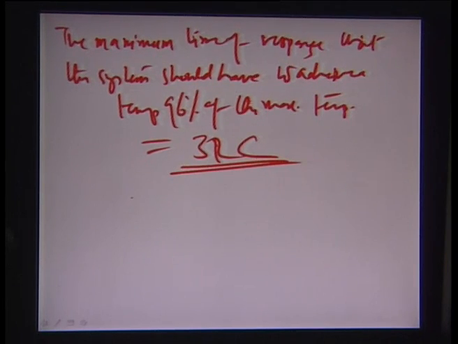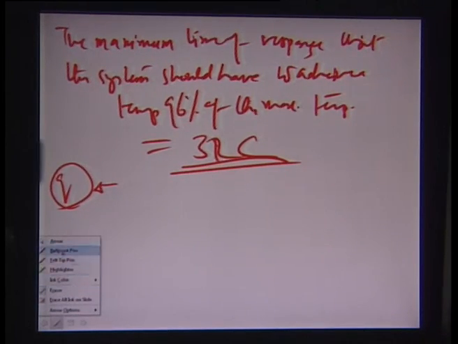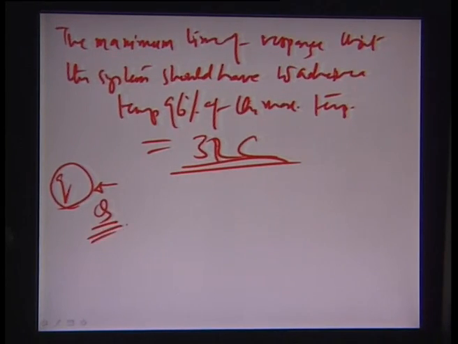As we saw in the RC example, Q, which was essentially the electrical equivalent of the heat, capital Q in our case, was about 63% of the full charge once the time reached one time constant, and was about 96% of the full charge as it reached about 3 times RC.